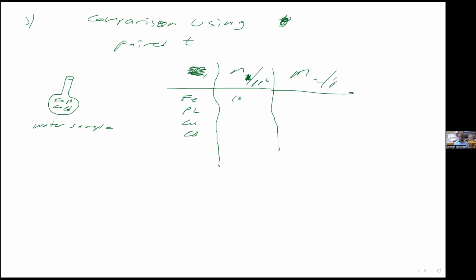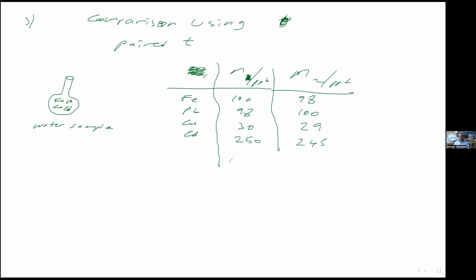You can say ppb there also. 100, 98, 30, 250. And here we have 98 maybe, and then let's say 100, 29, 145. So what do you say now?